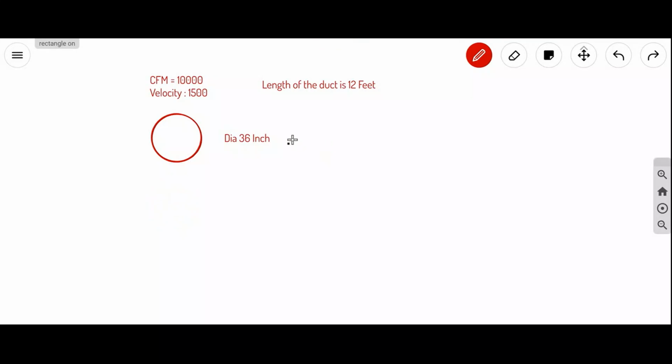What is the friction you are getting here? Friction is 0.07.